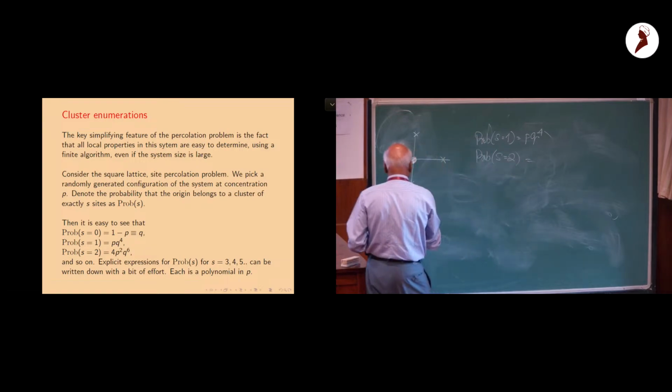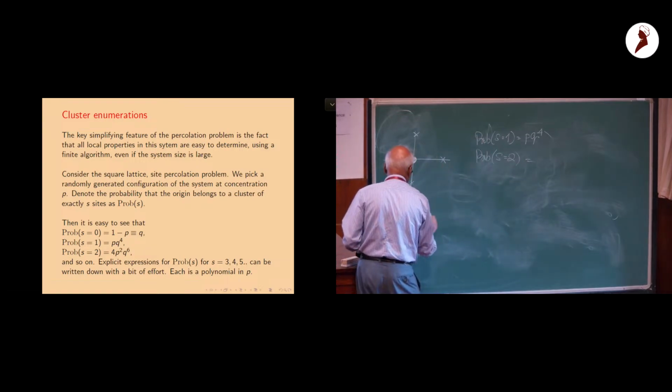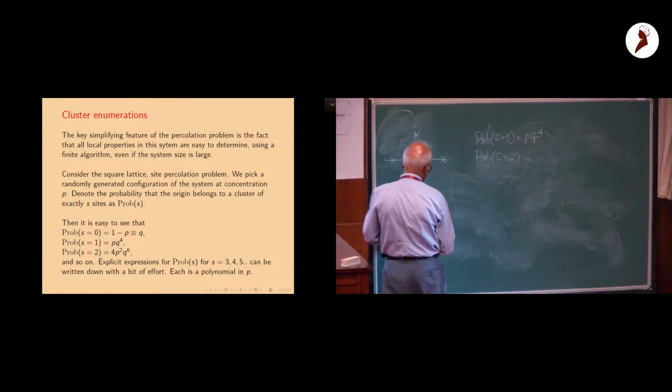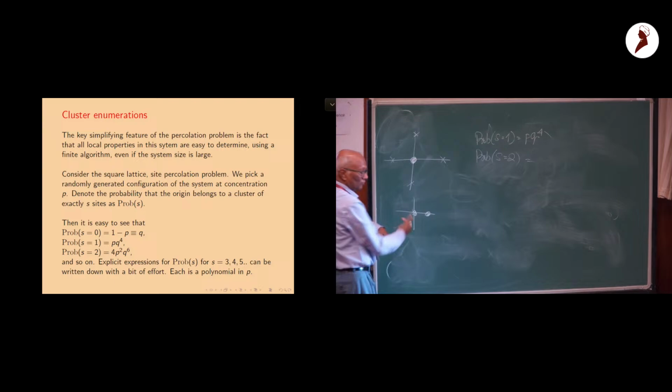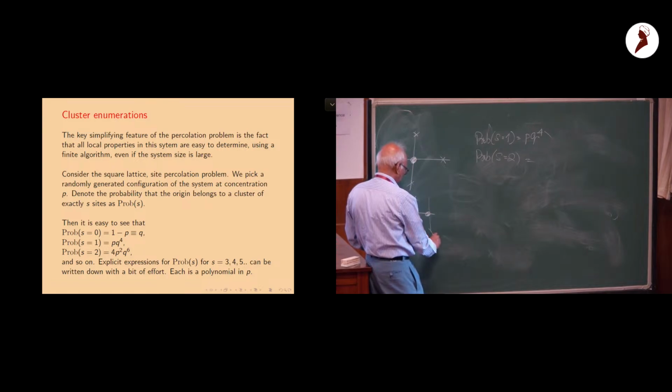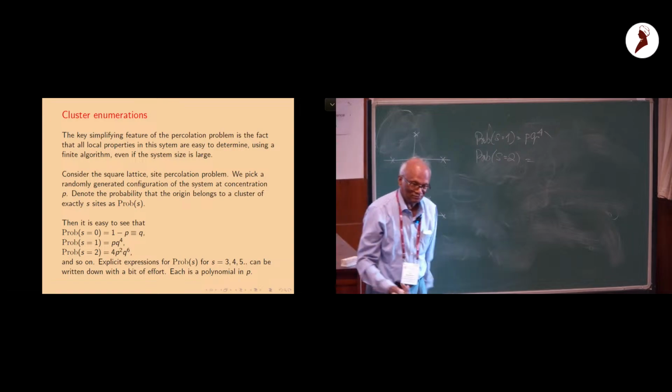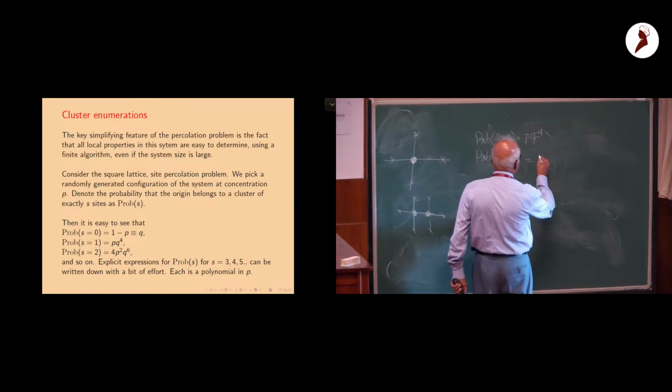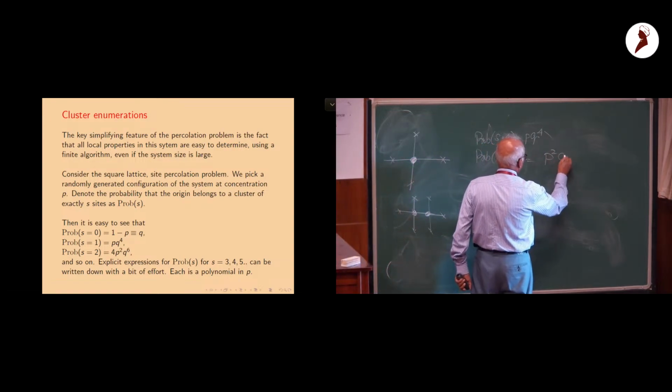So the cluster of size 2 can occur like this. This is present and this is present, or this will be rotated in one of the other possible neighborhoods. But each of these occurs with the probability that these sites are absent. Otherwise, it's not a cluster of size 2, it is a bigger cluster. So this becomes P squared Q to the power 6, and 4 orientations.